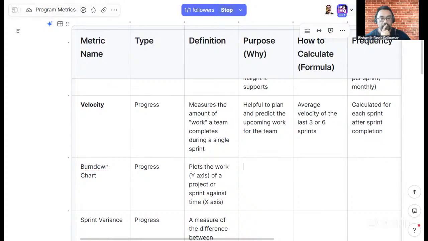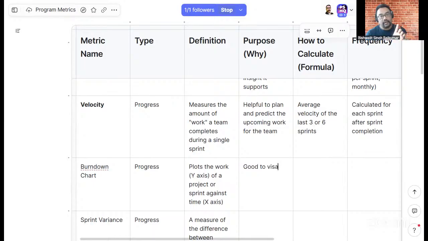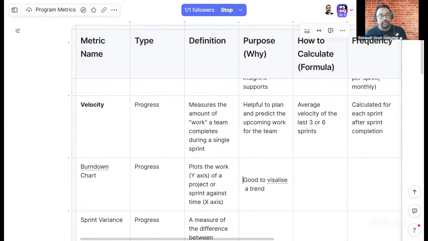Purpose. This is also to track the progress of the team. So how will it help? It's like we plot the time and the work, and it draws a trend, a guideline. Based on that, we have to stay close to it. As long as we are going above, far away from the guideline, it shows that we are not keeping up with the plan. We are deviating from it.